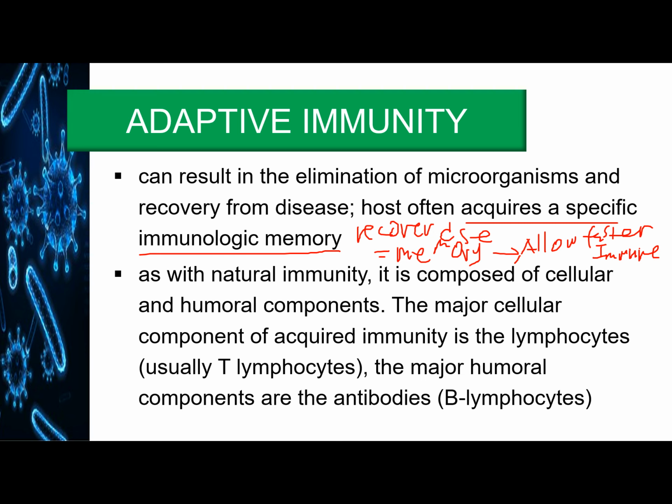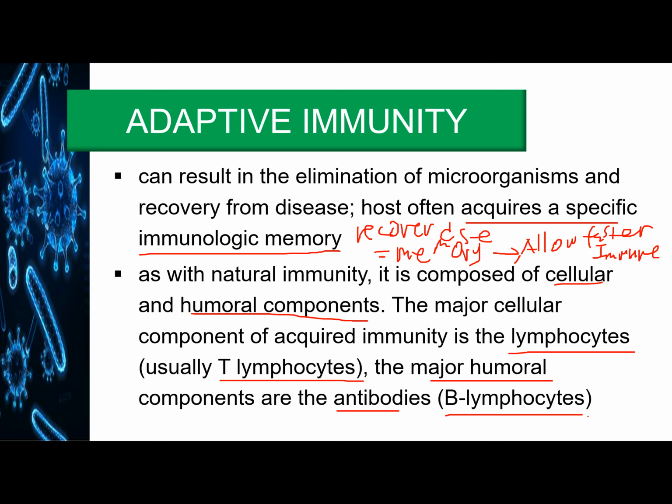As with natural immunity, it is composed of both cellular and humoral components. The major cellular component of acquired immunity, class, is the lymphocyte, specifically the T cells. And the major humoral component are the antibodies involving the B cells.